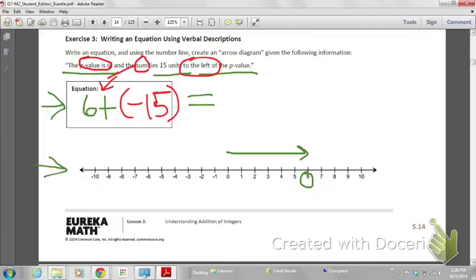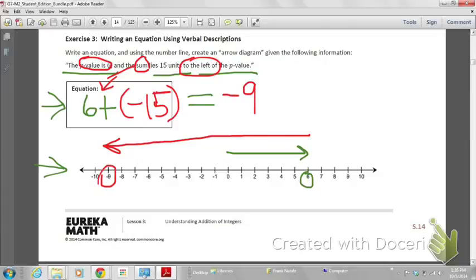And then I'm going to change to red. Then we went to the left, or we summed or added a negative 15. So we start at 6, and we go negative 15 units to the left, just like they told us to do, and we end up at negative 9.